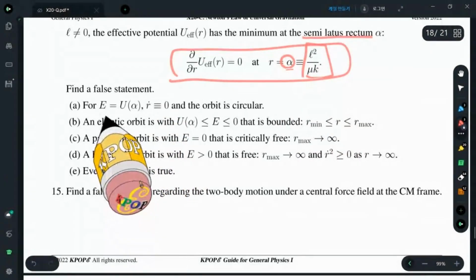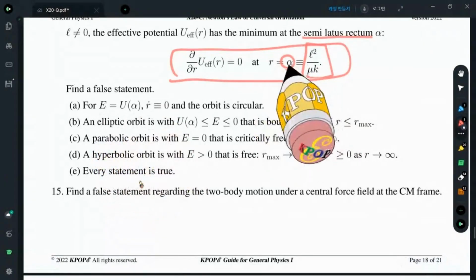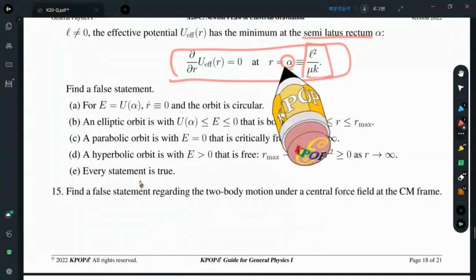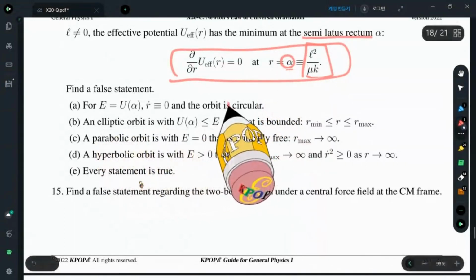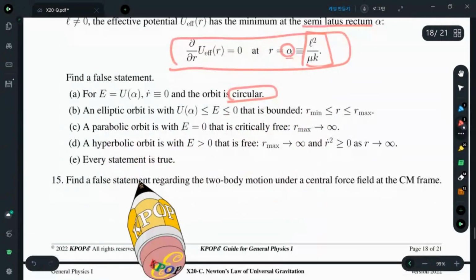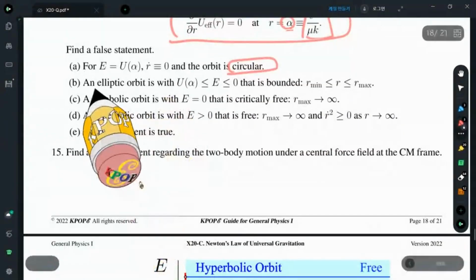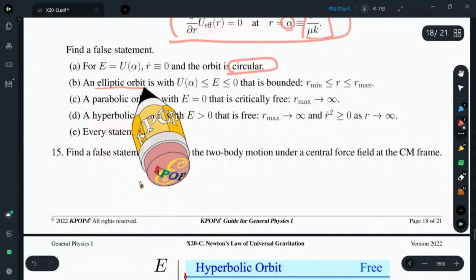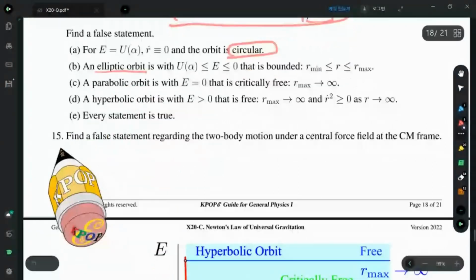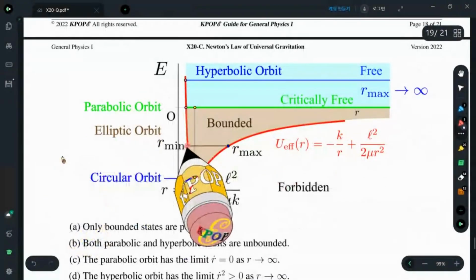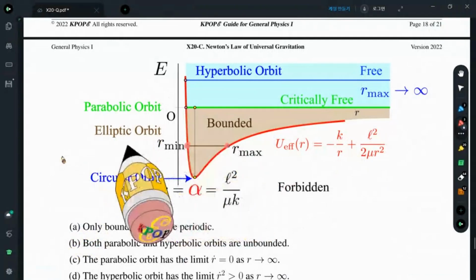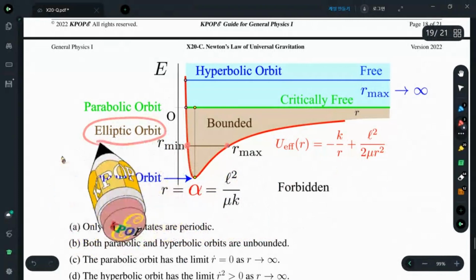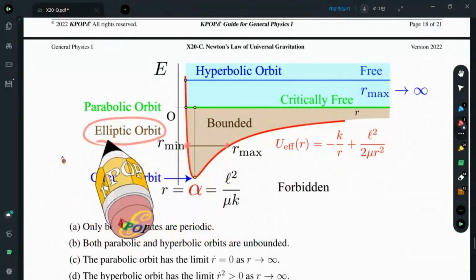The energy is then fixed at the value of r equals alpha. Then the orbit is circular. And just like what I have just shown, it oscillates between R max and R min, and Kepler found that the orbit is an ellipse.